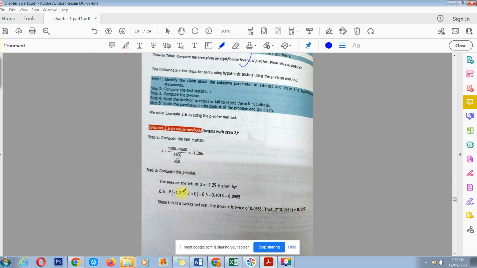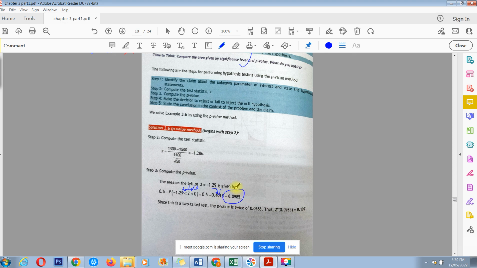We compute the area on the left, the shaded region. Negative 1.29, its area is 0.5 minus this. And this one we look at the table, this is from the table. So we get this, and then 0.5 minus this we get this area.